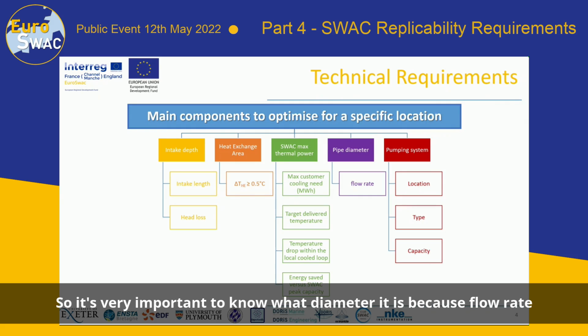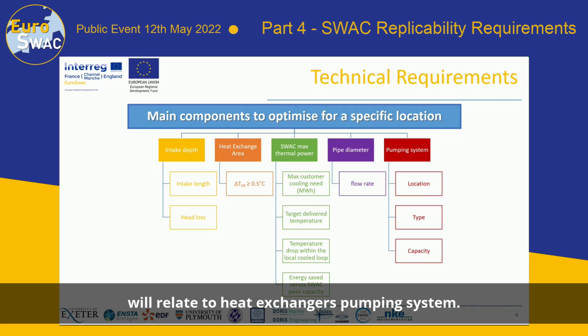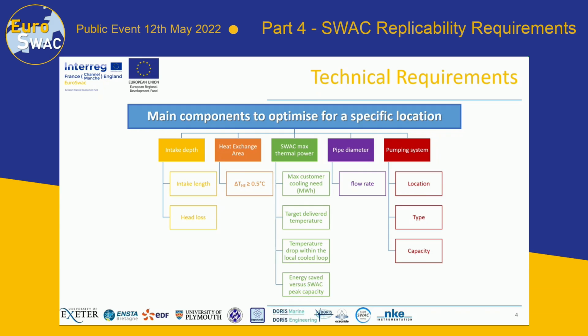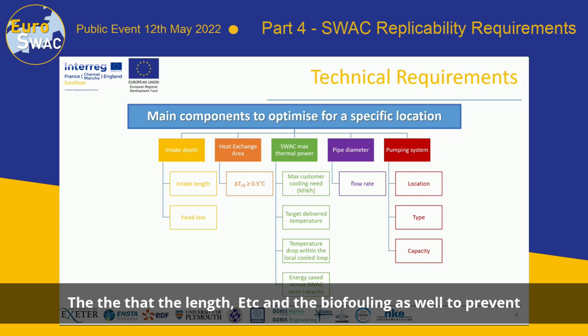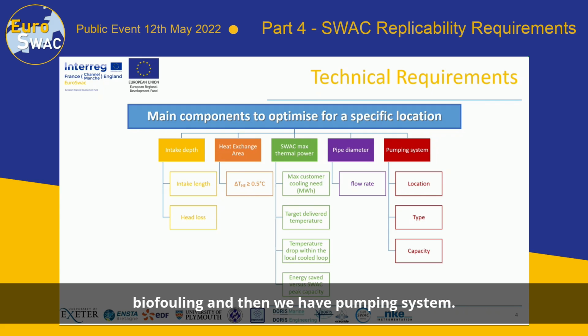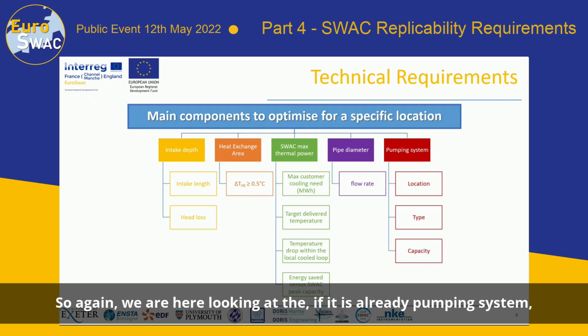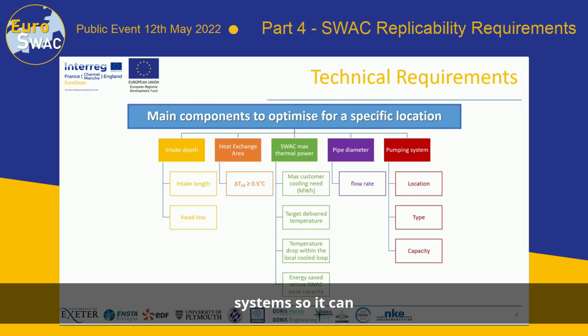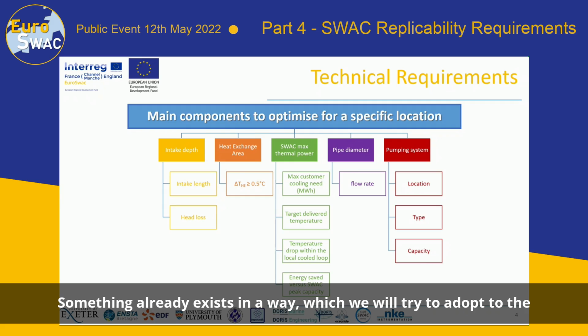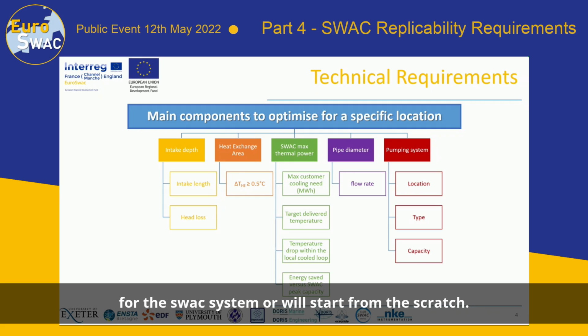It's very important to know what diameter it is, because flow rate will relate to heat exchangers, pumping system, the length, etc., and the biofouling as well, to prevent biofouling. And then we have the pumping system. So again, we are here looking at whether there is already a pumping system, because many sites may have already air conditioning cooling systems. So it can be something already existing, which we will try to adopt for the SWAC system, or we will start from scratch.